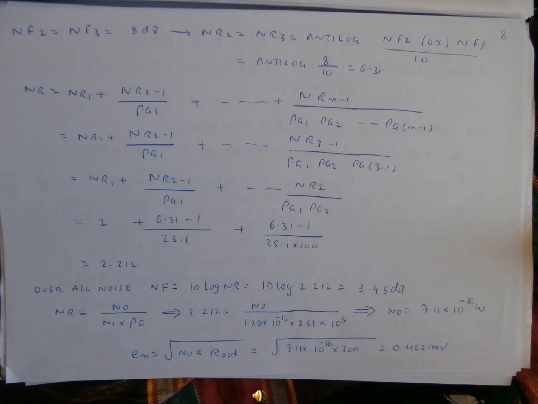So NR1 plus (NR2 minus 1) divided by PG1 up to (NR3 minus 1) divided by PG1 PG2 PG3, so 2 plus (6.31 minus 1) divided by 25.1 plus (6.31 minus 1) divided by 25.1 multiply 100.